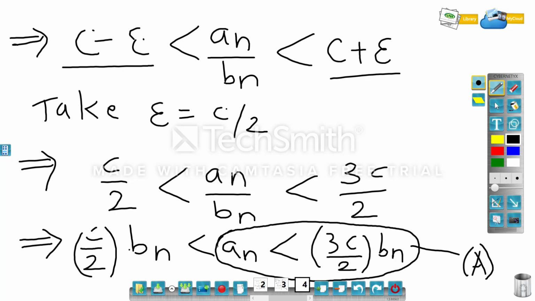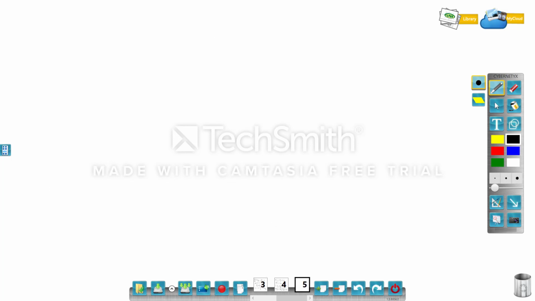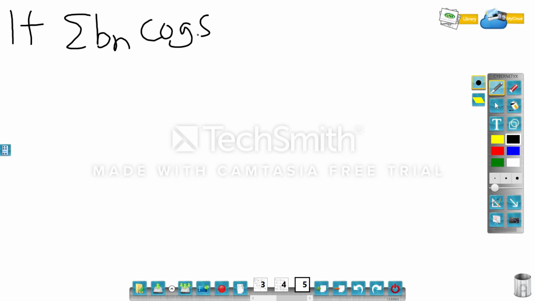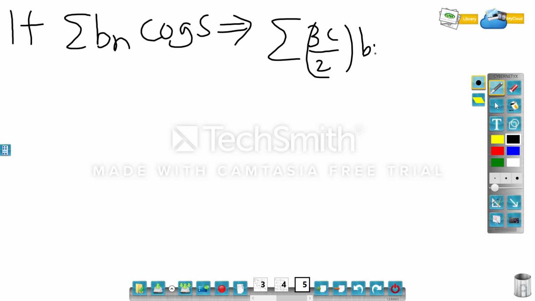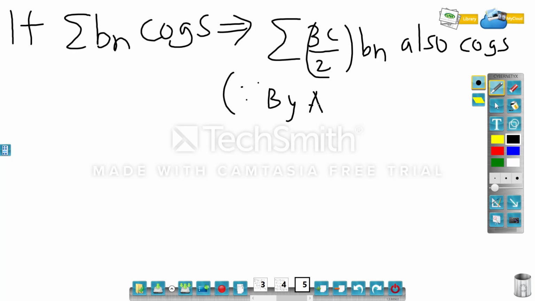So series bn converges implies series an converges. Let's write that down. If series bn converges, it implies series 3c by 2 times bn also converges. One should know the reason for this by algebra of series.